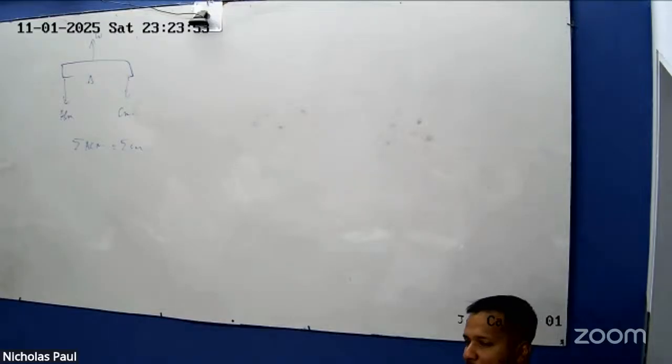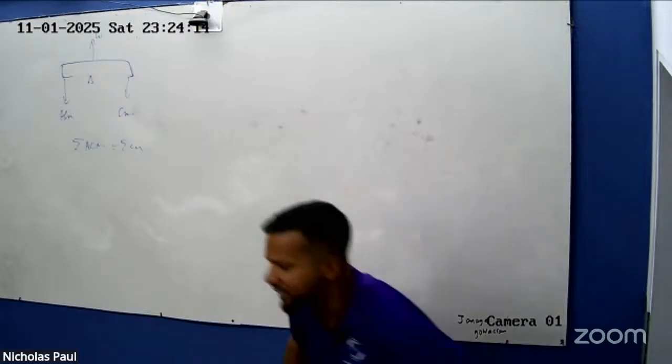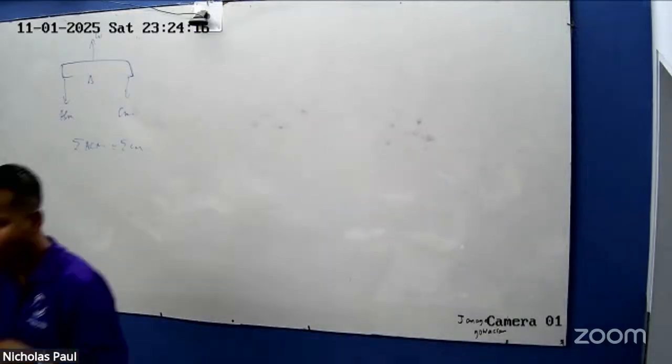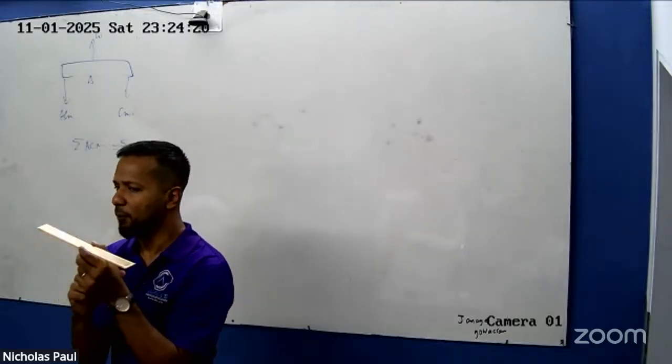Does anybody remember why it balances at that point? I explained it last week. Why is it that when you use a ruler and find your center of gravity, the ruler balances?